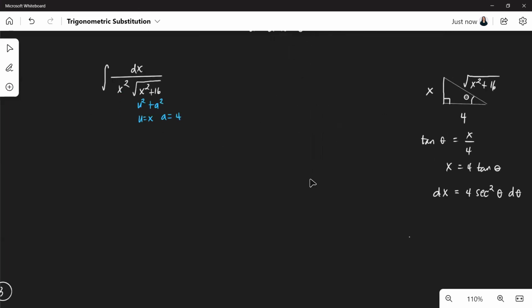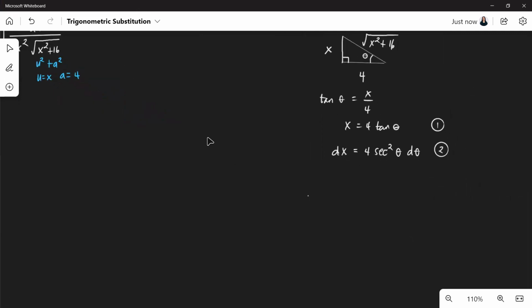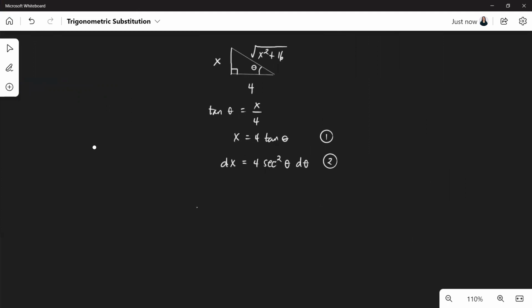So we need the square root of x squared plus 16. Again, we need another side of the triangle to form the trigonometric function, and it must be the side containing the constant. So it's the square root of x squared plus 16, divided by 4.